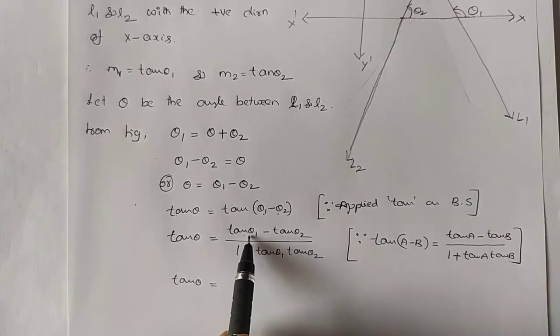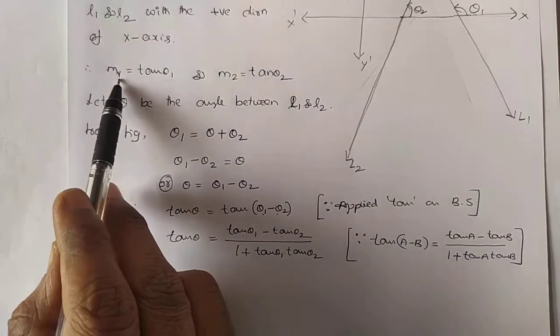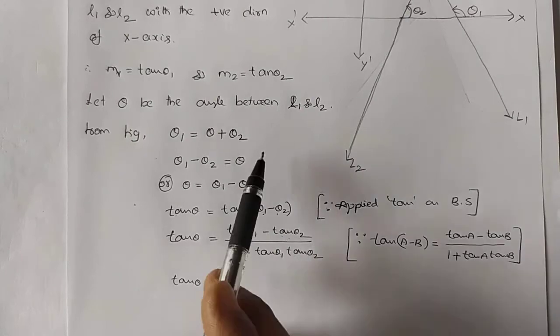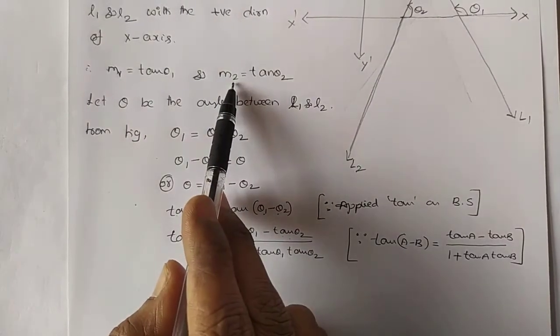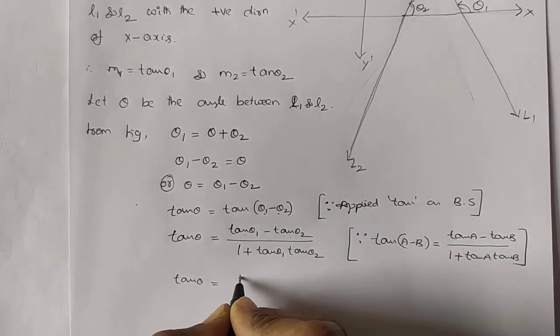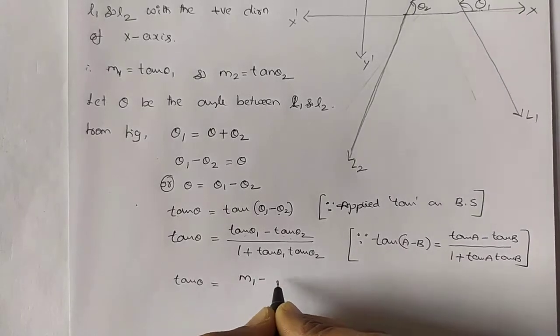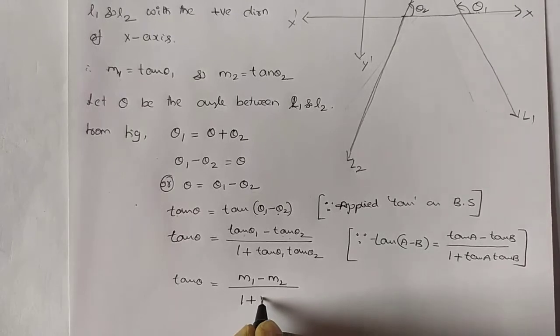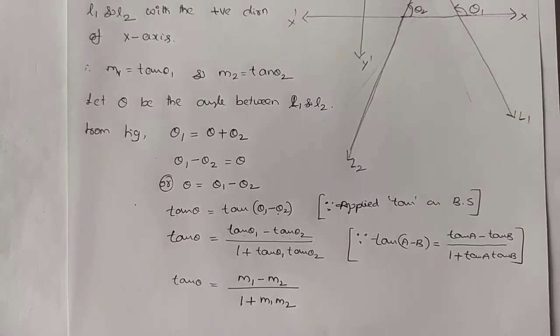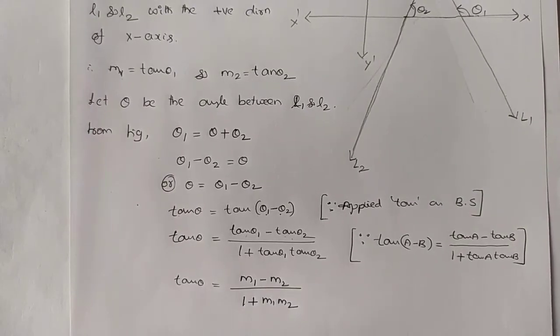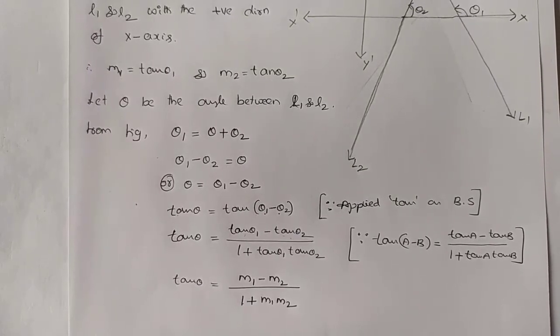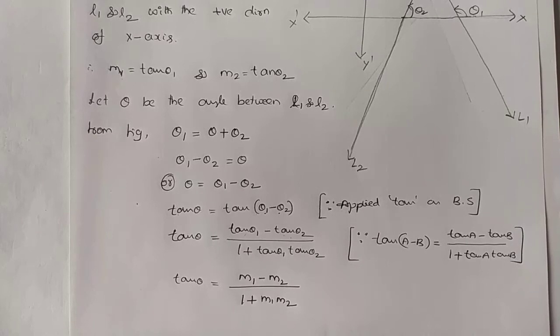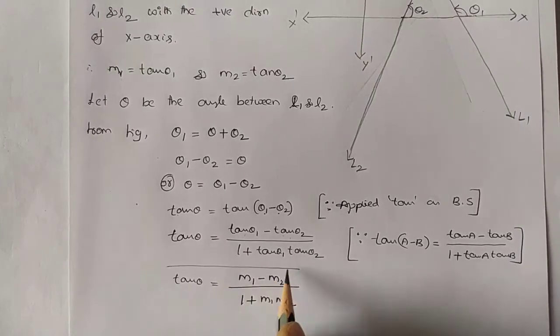See once again, tan theta 1 is M1, tan theta 2 is M2, isn't it? Yes, you just substitute it. M1 minus M2 divided by 1 plus M1 M2. So tan theta equals M1 minus M2 divided by 1 plus M1 M2.